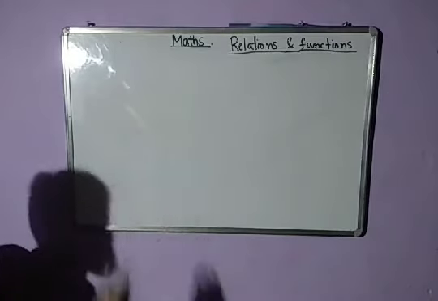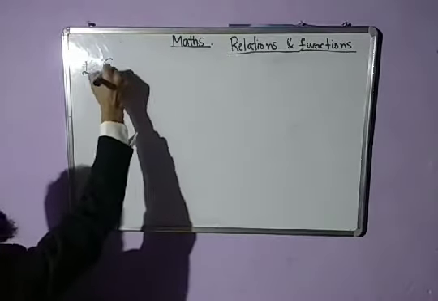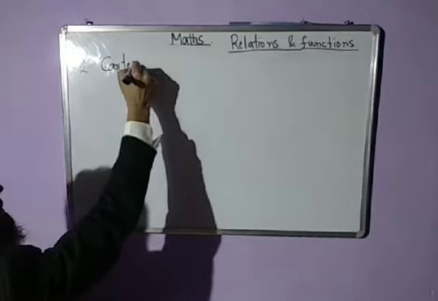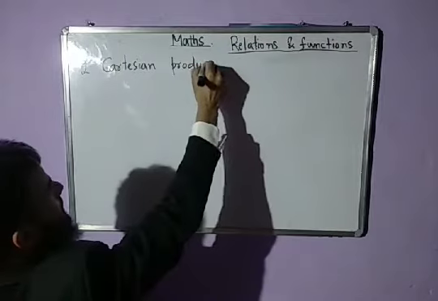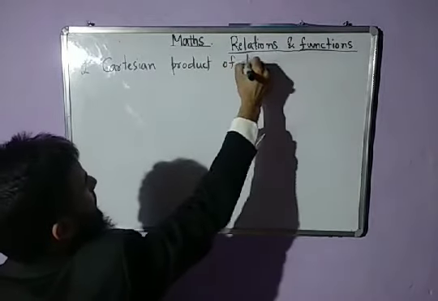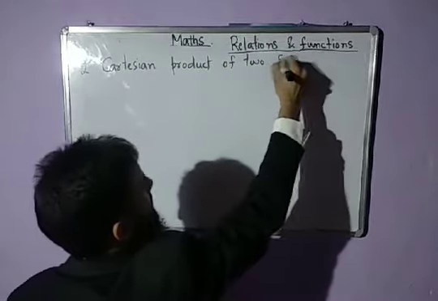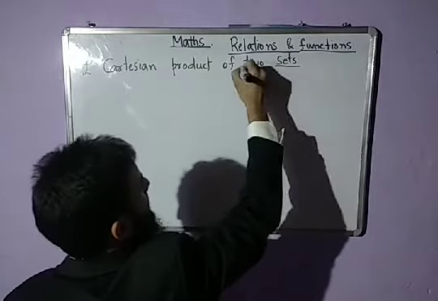Now there is another topic, number 2, Cartesian product of two sets.